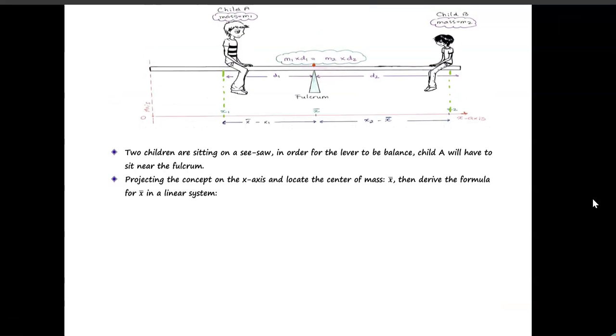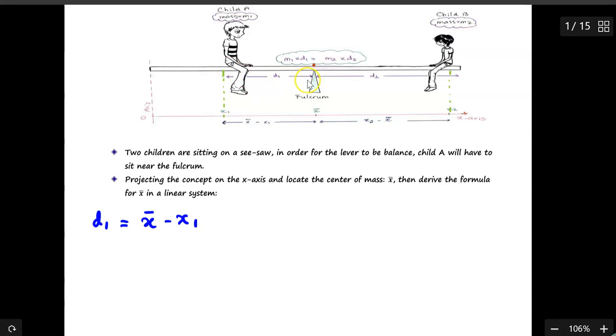First of all, consider the distance from where child A sits to the fulcrum, called d1. So d1 will be equal to x bar subtract x1.